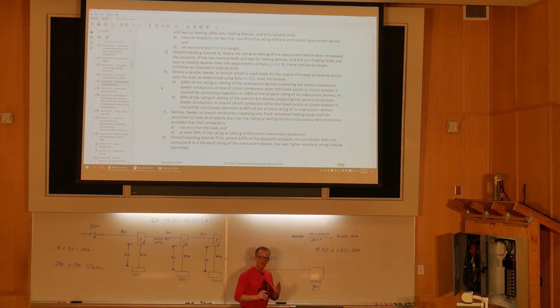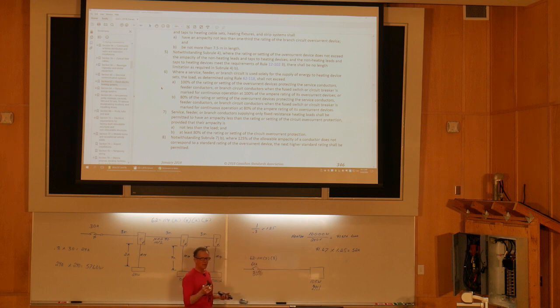Because remember, I can only load the circuit breaker up to 80%. So the 1.25, the inverse of 0.8, becomes our multiplier. That takes me to 52 amps. They don't make a 52 amp breaker. I'm going to have to go with a 60 amp breaker.